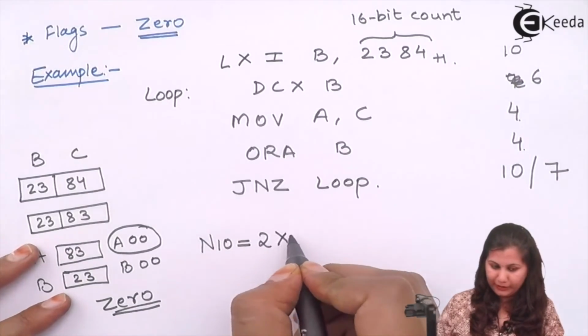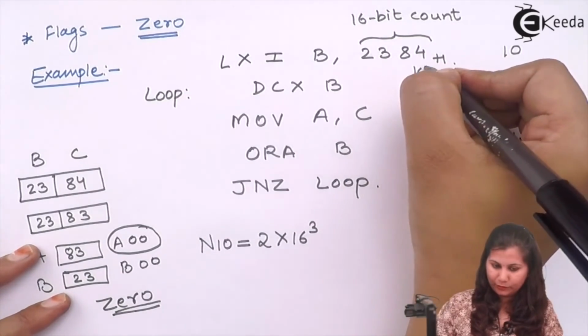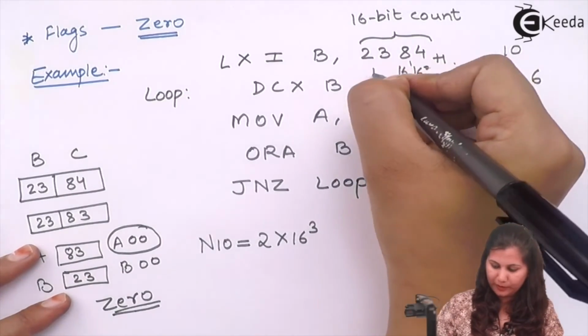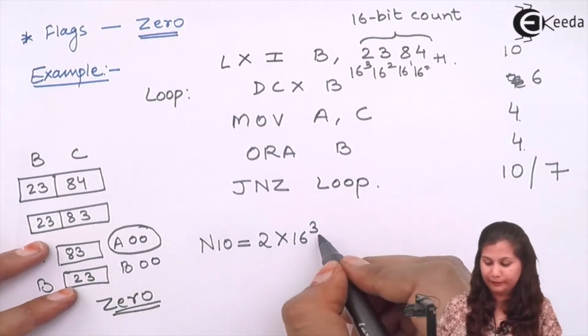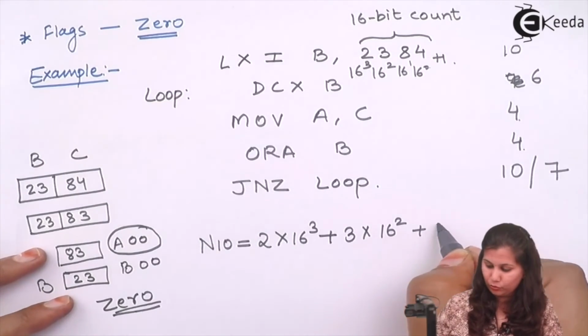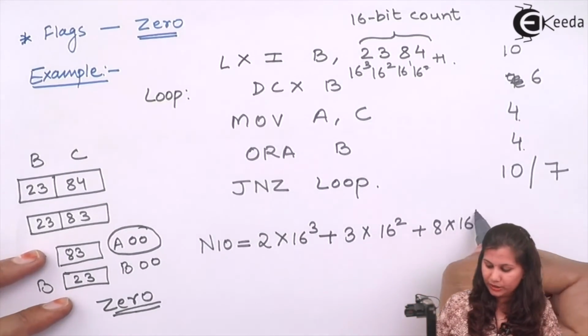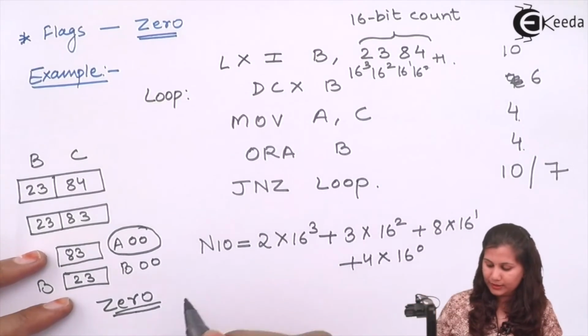How? We are going to multiply by 16 to the power 3. This is 16 to the power 0, 16 to the power 1, 16 to the power 2, and 16 to the power 3. So 2 into 16 to the power 3 plus 3 into 16 to the power 2 plus 8 into 16 to the power 1 plus 4 into 16 to the power 0.